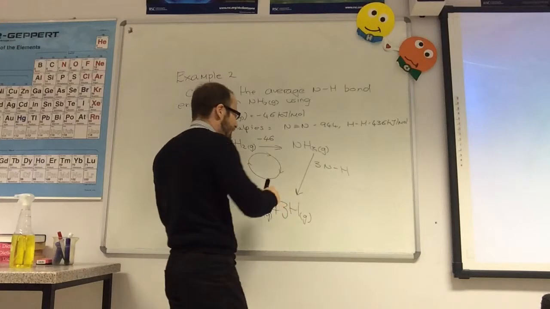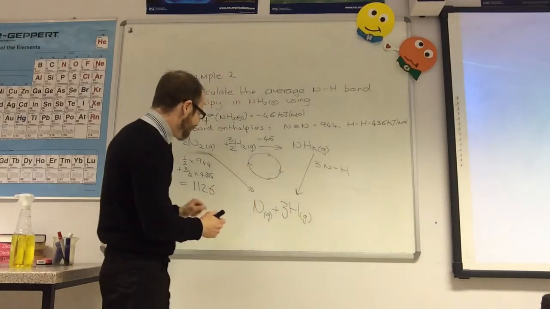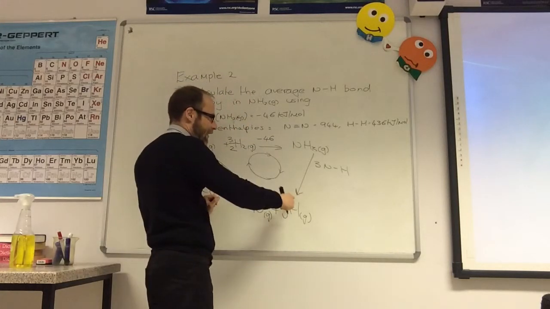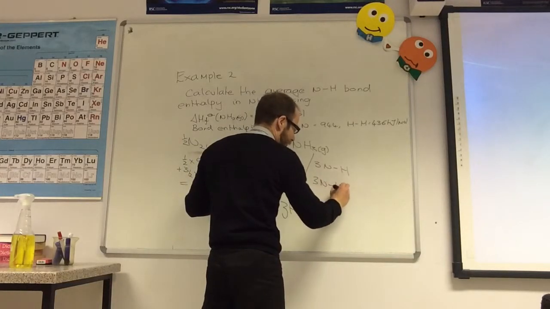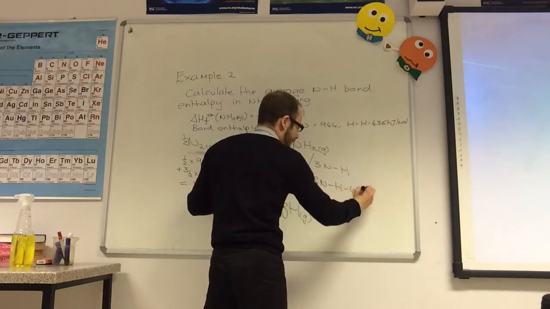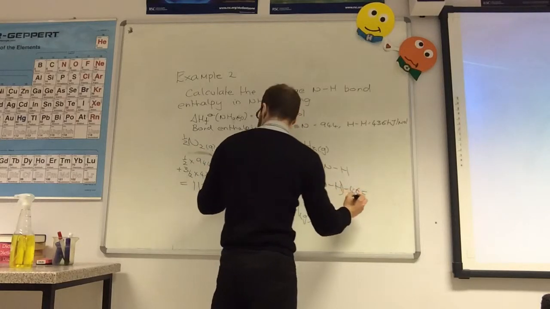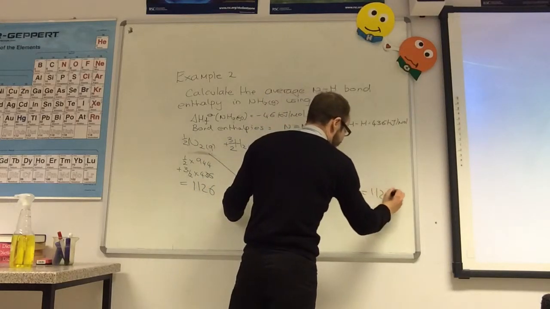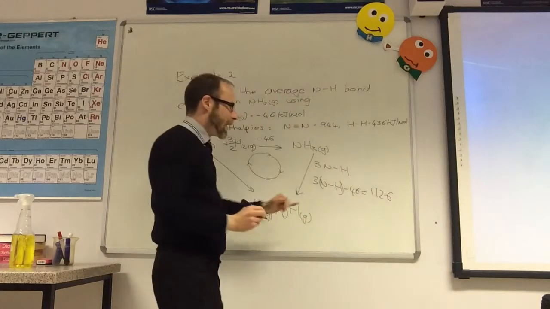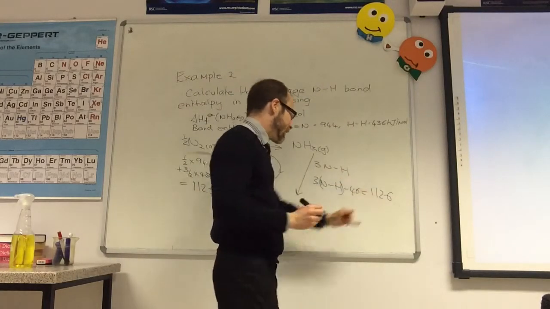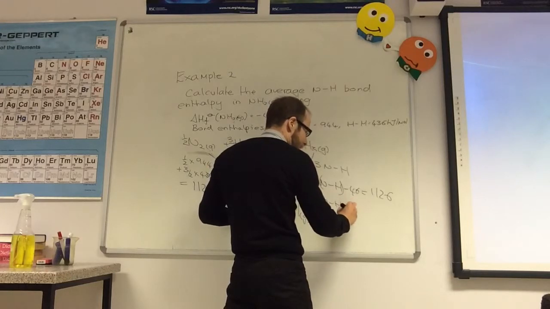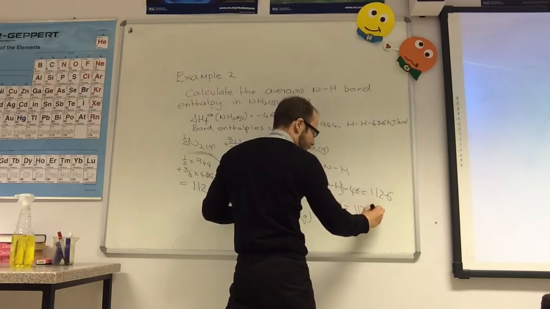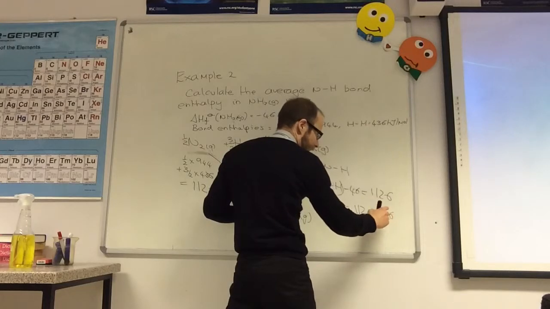So let's do the equation. So here's my circle. These 2 arrows are going the same way. That arrow is going different. So 3 NH bonds minus 46 is equal to 1126. If I bring the 46 over to the other side, that means that 3 NH bonds is equal to 1126 plus 46.